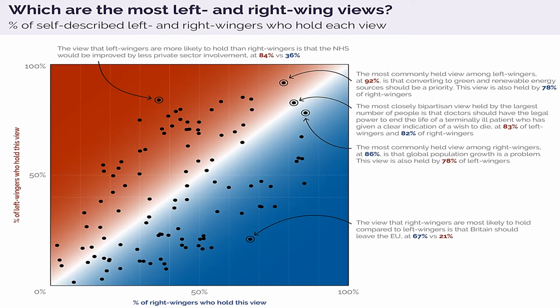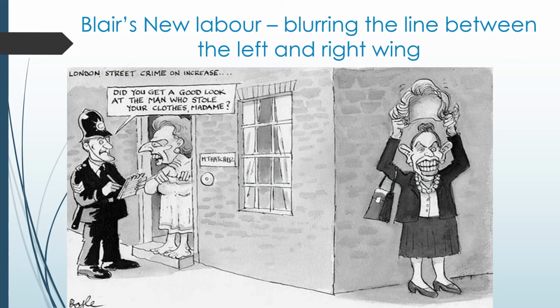The closest similarity between the two would be that doctors should have the legal power to end the life of terminally ill patients. That's the only kind of very clear similarity between left and right thinkers. And again, that comes back to that very beginning of a social issue. But again, these are the differences between left and right thinkers.